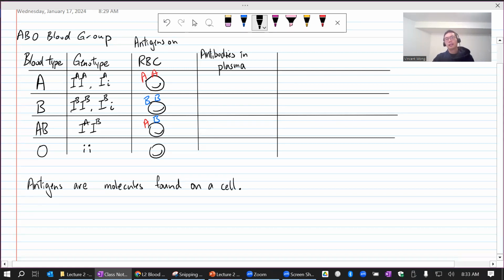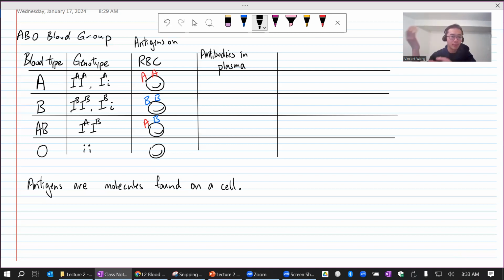Okay, not necessarily red cells only. You will find them in all cells. And it doesn't even have to be like human cells. You will find antigens on bacteria. You will find antigens on virus. You'll find antigens on plant cells. Okay? So antigens are just molecules that are found on the cell.